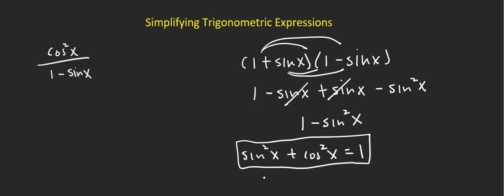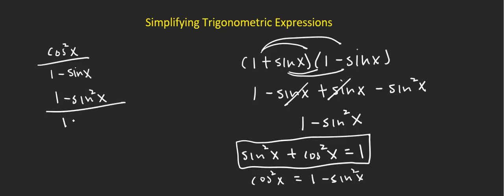And from that, we know that cosine square x is 1 minus sine square x. So we could rewrite this as 1 minus sine square x over 1 minus sine x. Now, if you look at the numerator, this is a difference of squares.